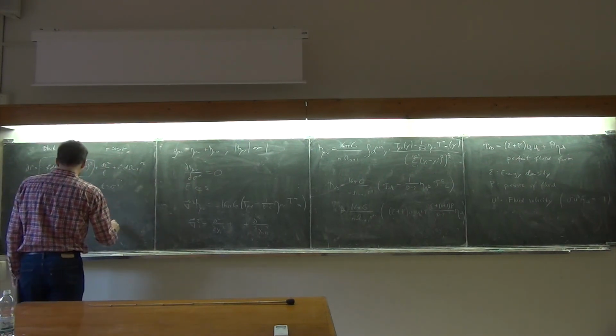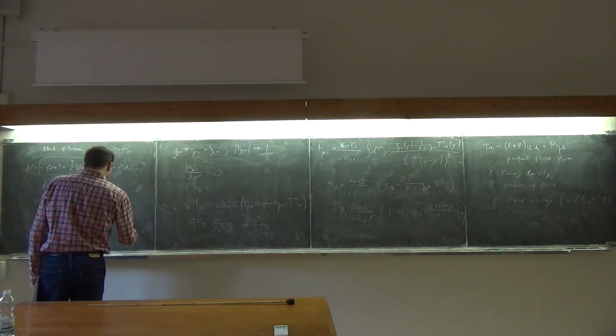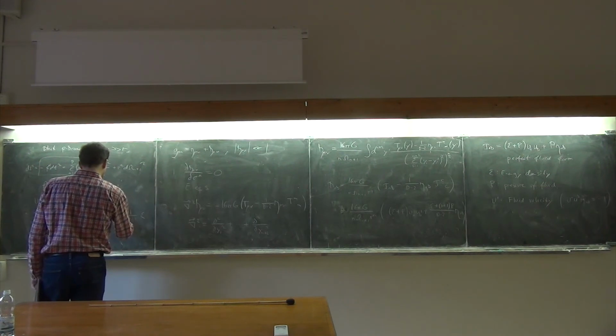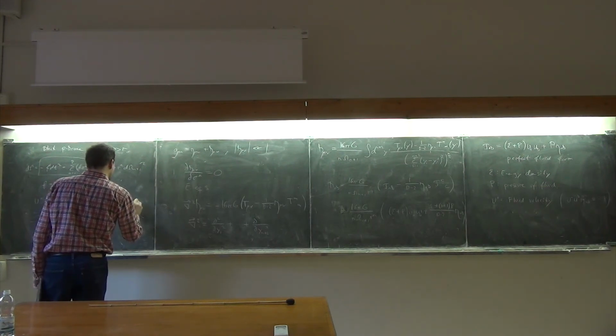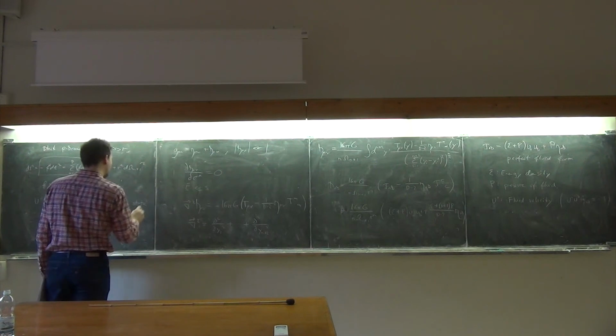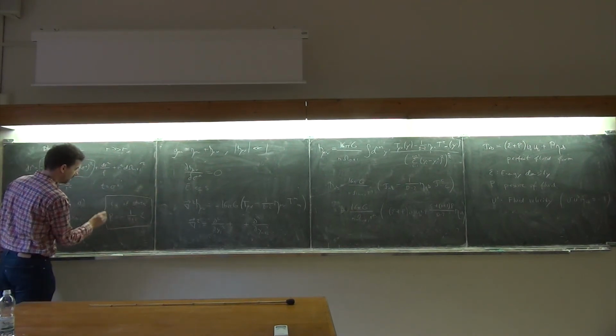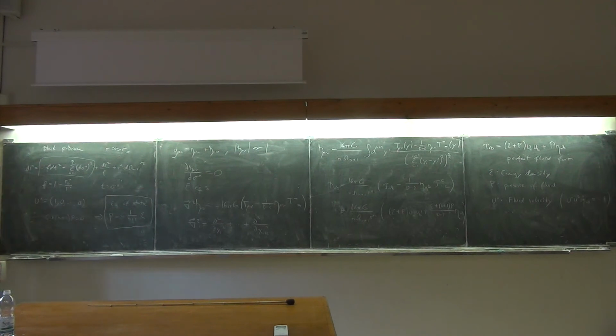So this actually gives us an equation of state for what we can call the fluid living on this black p-brane. This is an equation of state because it relates the pressure to the energy.